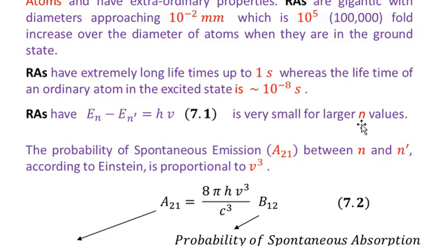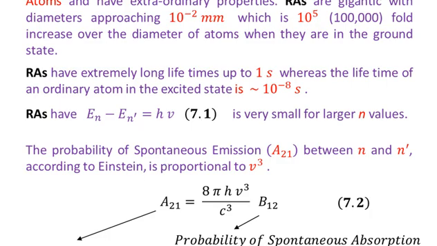For large n values, the spacing between the levels becomes smaller and smaller, and so this energy difference becomes smaller and smaller as we reach higher n values. Since in Rydberg atoms we go for large values of n, that is, we excite the atoms to very large values of n, if the atoms decay between two consecutive such levels, then of course the difference of energy between these two levels will be very small, as stated in equation number 7.1.